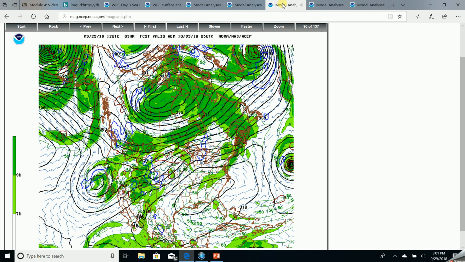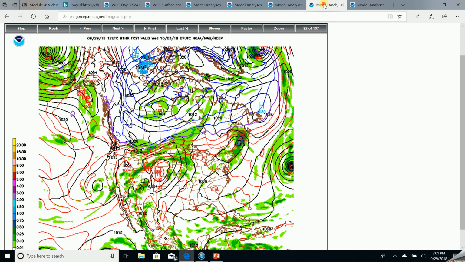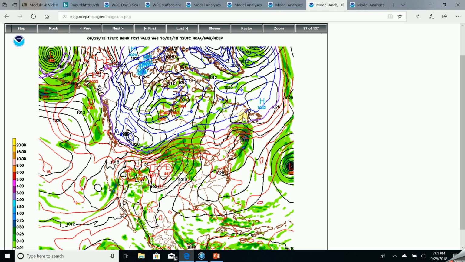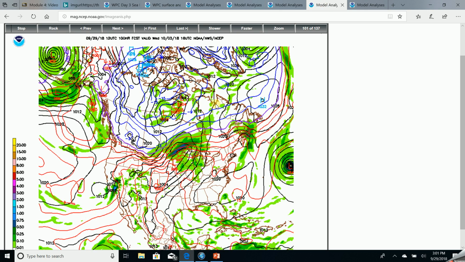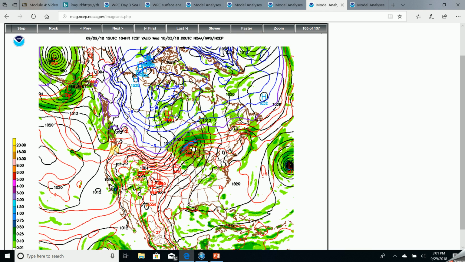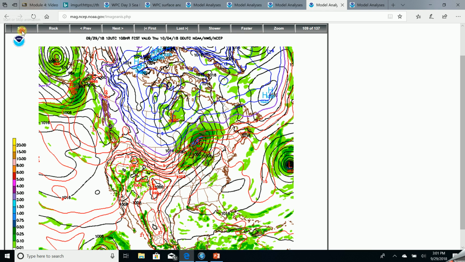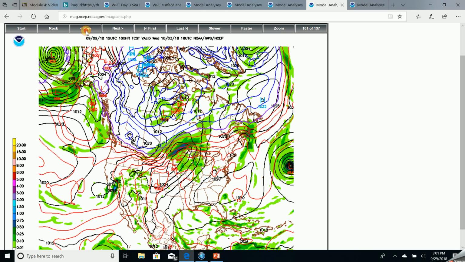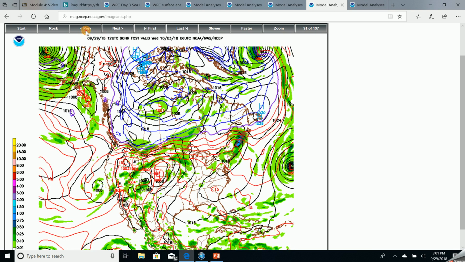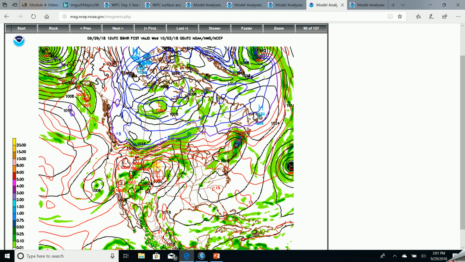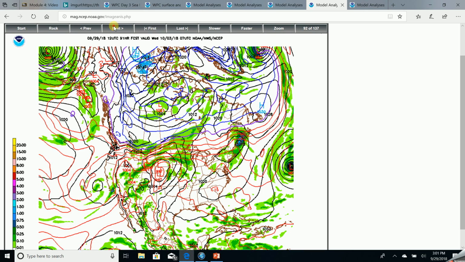Looking at that, here is a surface weather map. And what I wanted to do was stop it back here a minute. Notice there's a weak low over western South Dakota right here. Not real strong, 997 millibars. Watch this low as it moves forward.